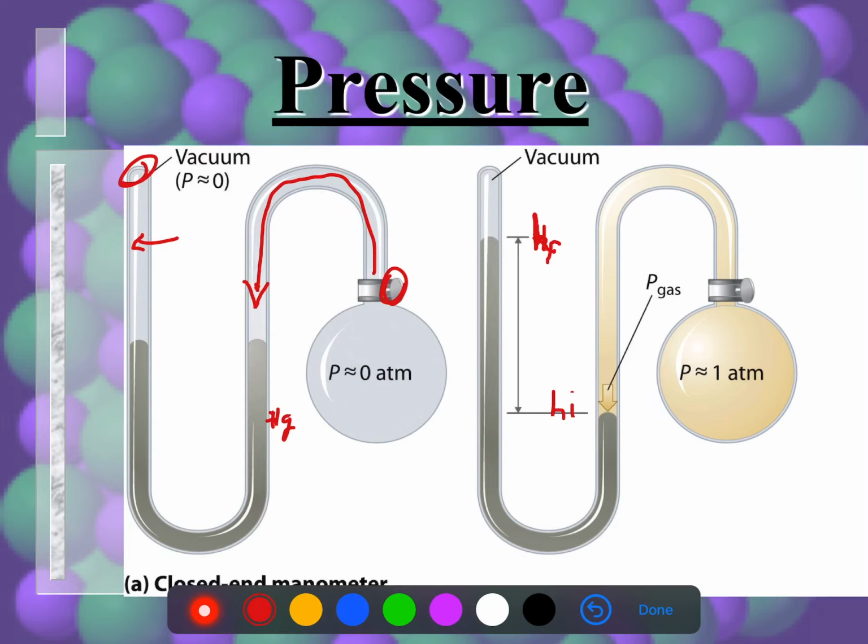And this would be the initial height. So you just measure the difference between final and initial, and then that gives you the pressure of the gas. So in a closed system, pressure of the gas is equal to delta H, the difference in the height in the manometer, and delta H is H final minus H initial, just like any other delta whatever.